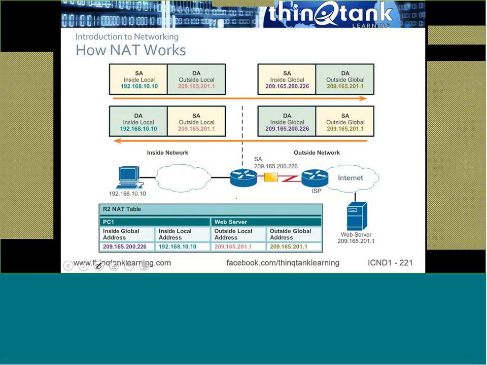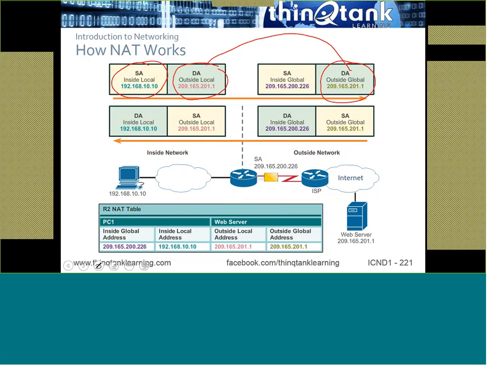So inside local, now you know if I say inside local, I mean the real address or the private address. Destination address. It says outside local, but notice that address happens to be the same as outside global. Like I said, outside local is almost always assumed to be whatever the outside global address is.